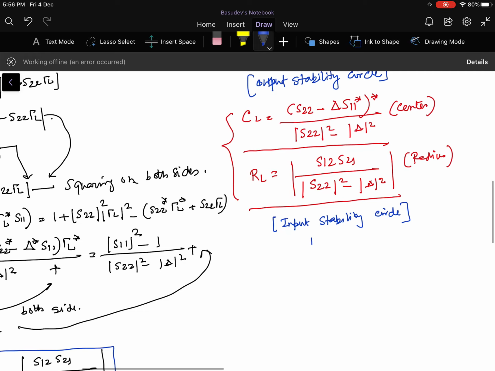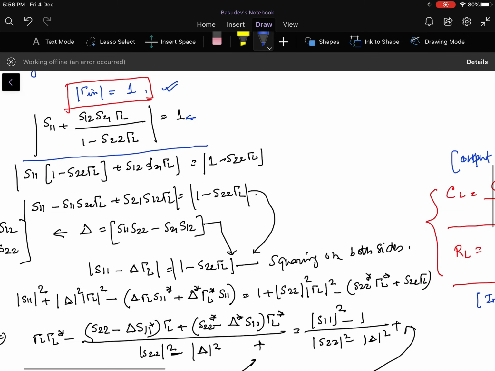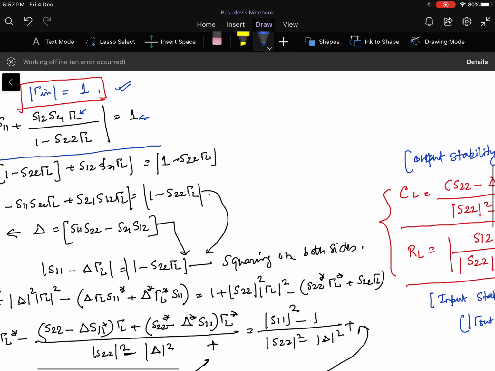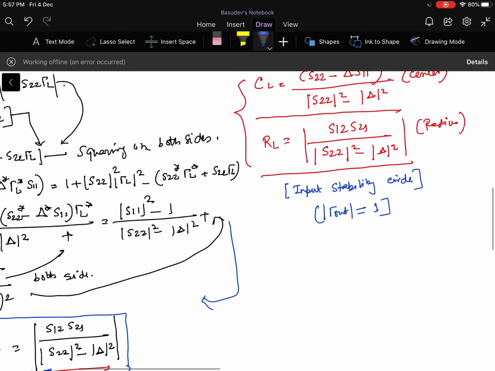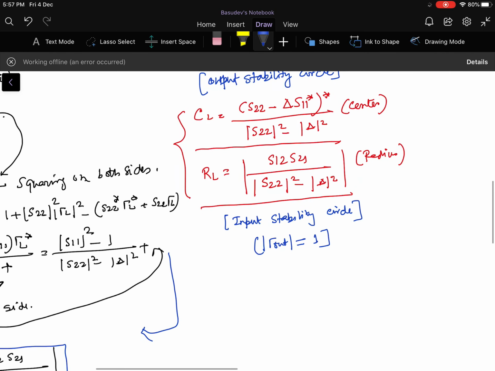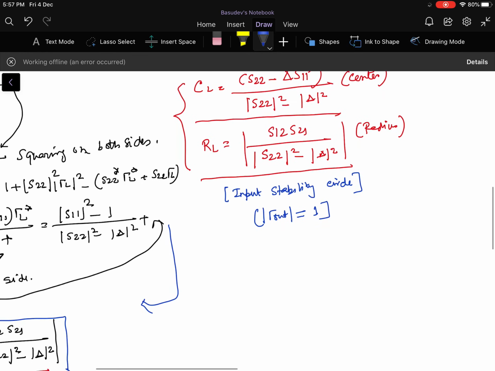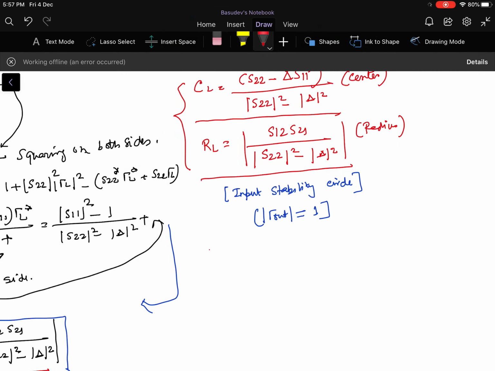One has to start with mod tau out equal to 1, because the tau out expression has the parameter tau s involved, and proceeding with similar analysis I will get my CS and RS. Just by looking at CL and RL I can write CS and RS.